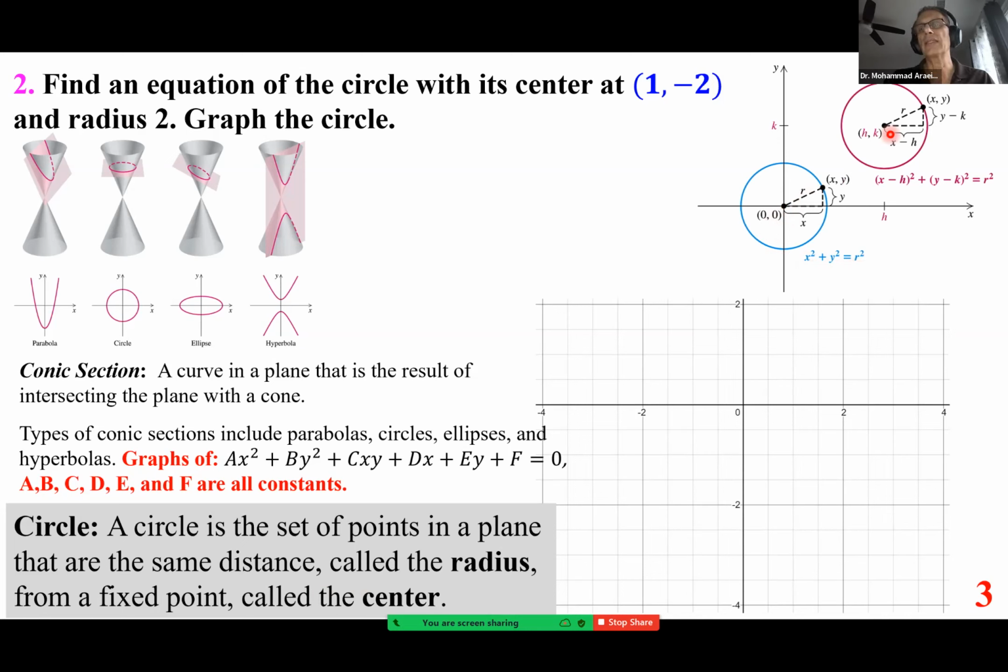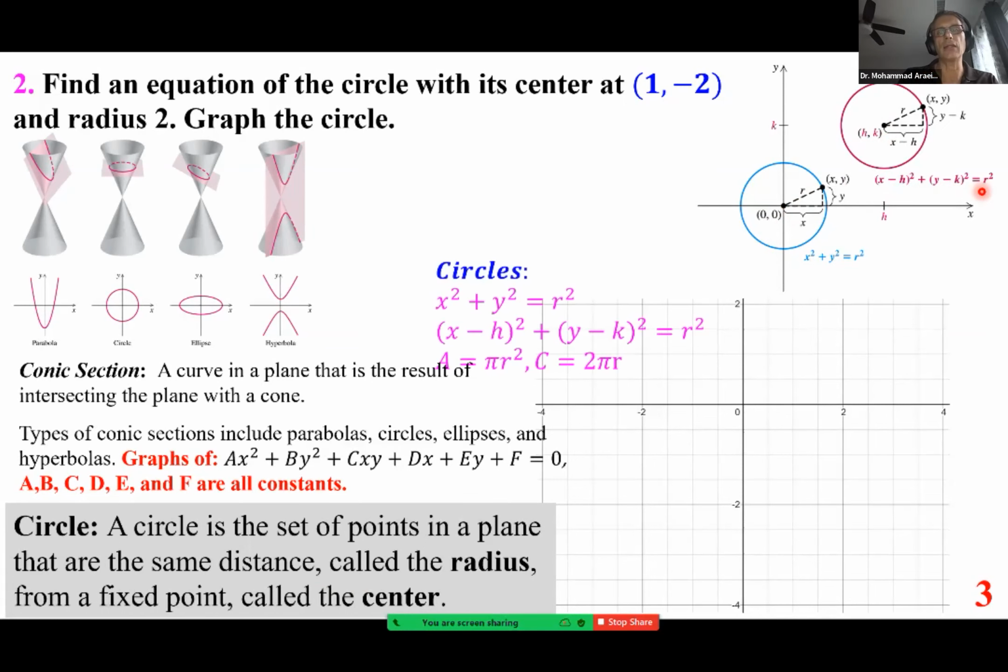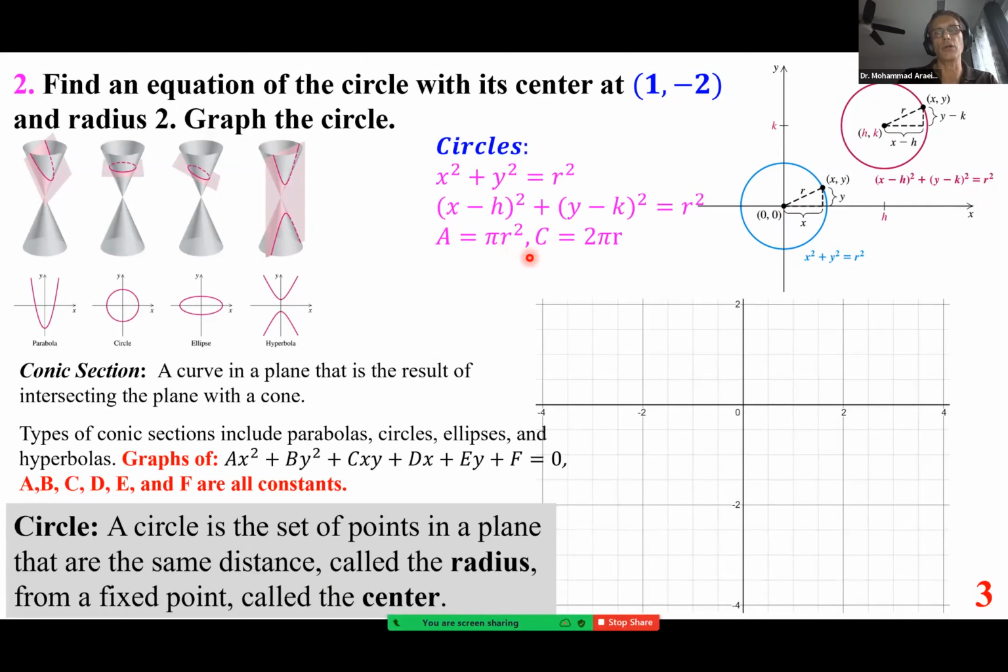If it's centered at some other location such as h, k, then it's x minus h quantity squared plus y minus k quantity squared equals r squared. In addition, I'm going to remind you that the area is pi r squared and the circumference is 2 pi r.